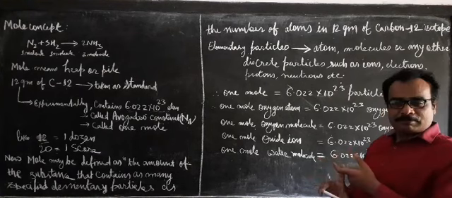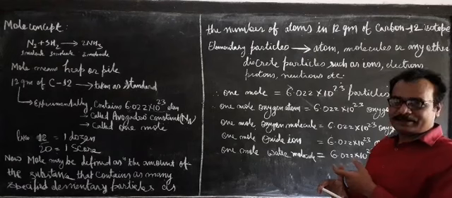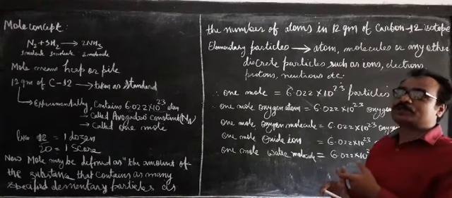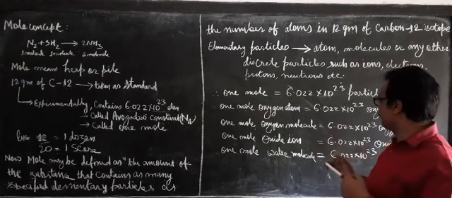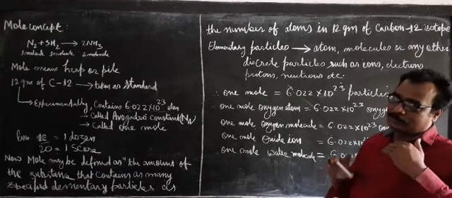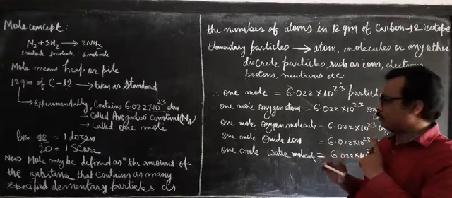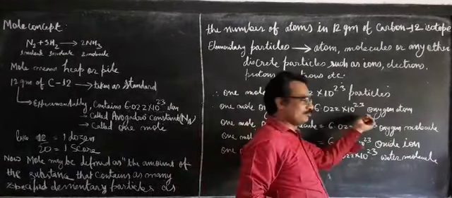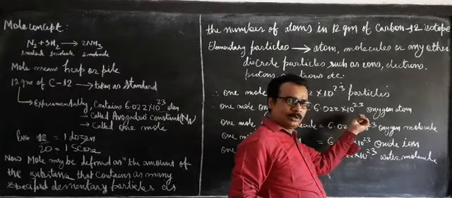Again, we have taken nitrogen, which is 14 gram, the same number, 6.023 into 10 power 23 particles. So everywhere it is 1 mole. So 1 mole is nothing but this number.